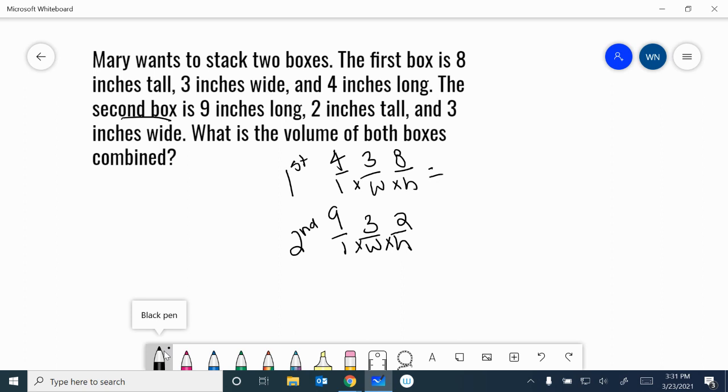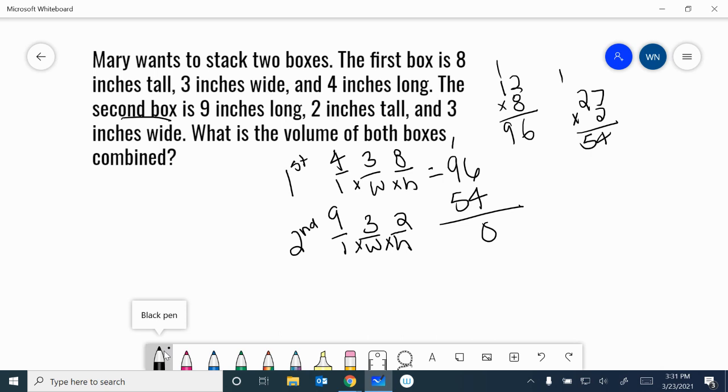Now let's solve it. 4 times 3 is 12 times 8. I don't have my 12s memorized today, so let's go ahead and work that out. That's 96. 9 times 3 is 27 times 2. Should have gotten you 54. Now let's add it together. 150 inches cubed is the answer you should have gotten.